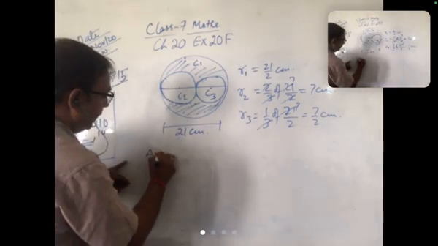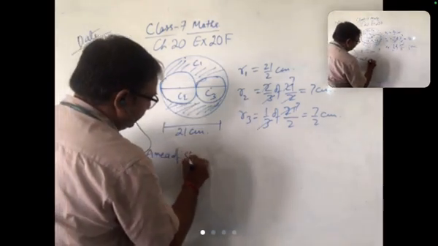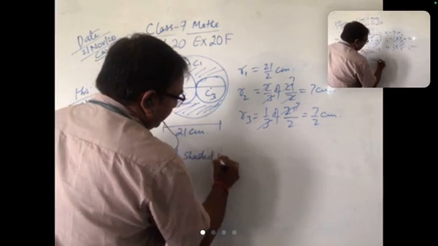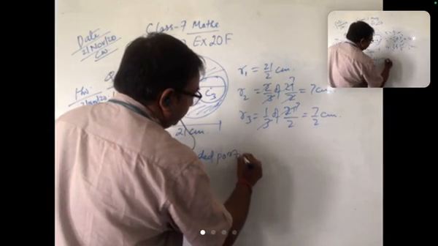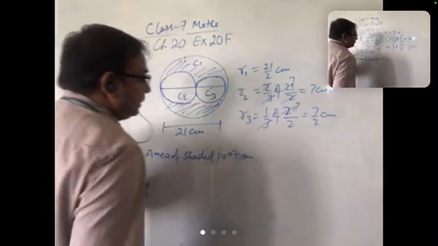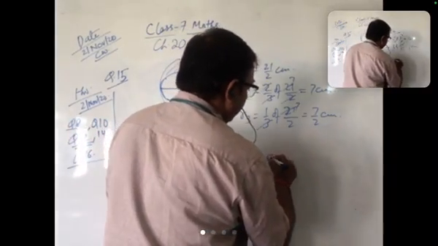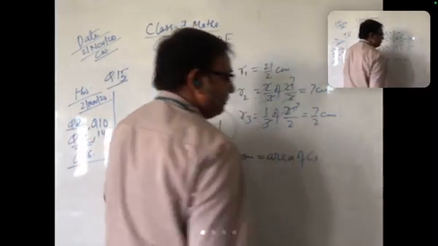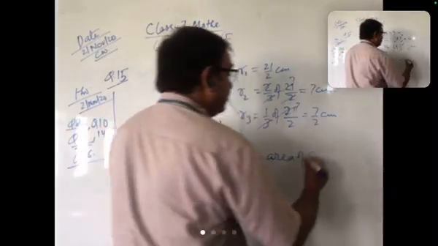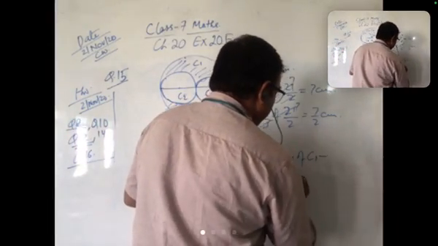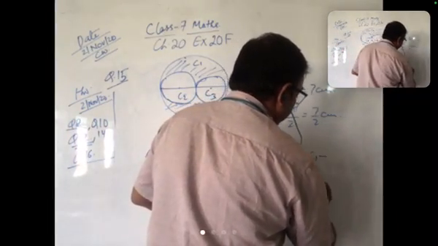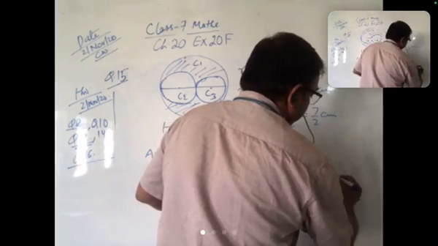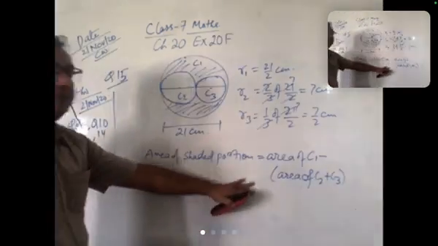So area of shaded portion is equal to area of circle 1 minus area of circle 2 plus circle 3. Is that clear?